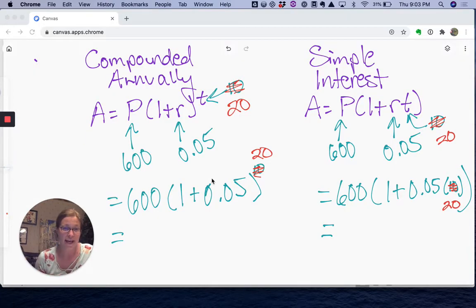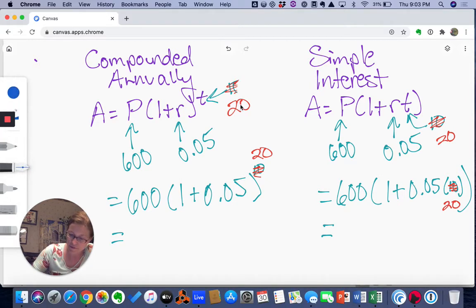So if we try it by hand again to do 40 years, now I'm plugging in 40 for t.